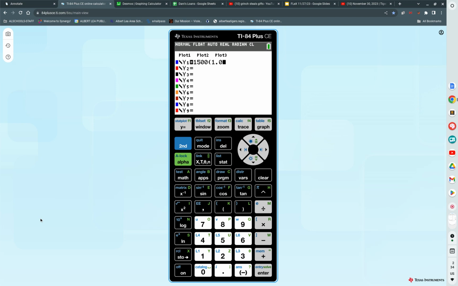times 1.04 raised, and here's where you got to be careful. When you use this in the exponent, make sure you got parentheses around the 2 and the t. You're okay with that? I want to plug in 5, 10, and 15. So I'm going to go to my table.